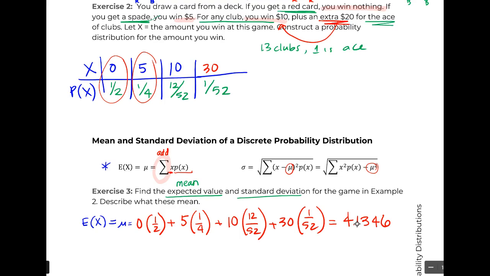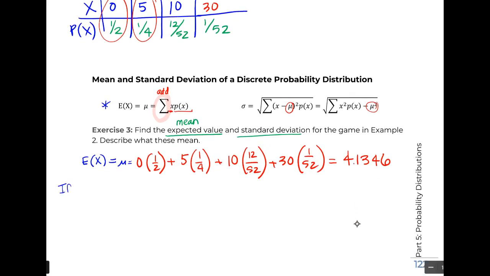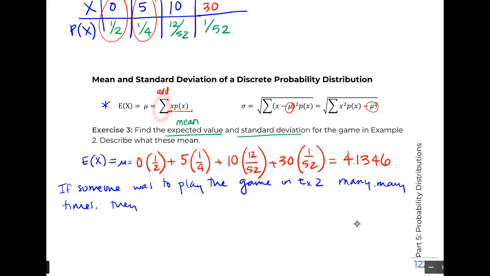So if we were to write down what this tells us: if someone was to play the game in exercise 2 many, many times, they would win an average of $4.13 with this extra little bit each game.